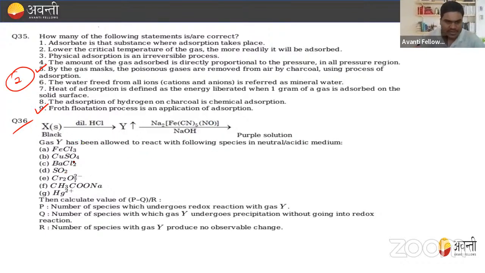Calculate the value of P minus Q upon R, where P is the number of species which undergo a redox reaction with gas Y, Q is the number of species with which gas Y undergoes precipitation, and R is the number of species with which gas Y produces no observable change. Let's see the solution of each one in detail.